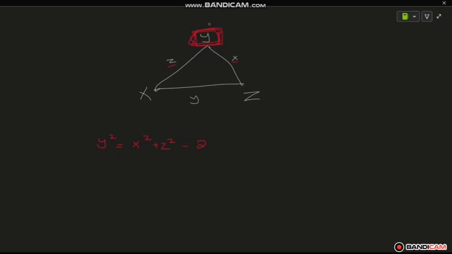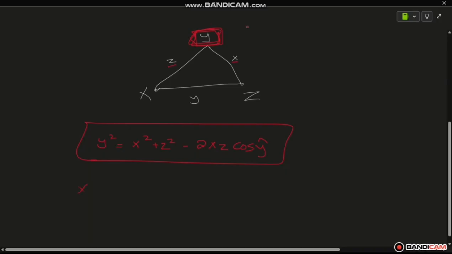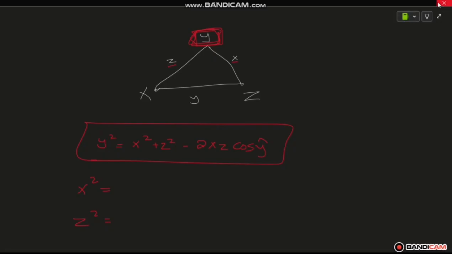Then minus 2, you multiply these two sides forming included angle Y, cos Y. I hope it makes sense. This is very, very important, guys. Try to do these two on your own to see if you understand it, because you need to know this.